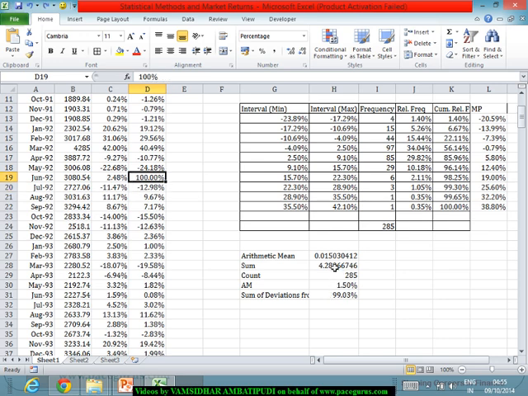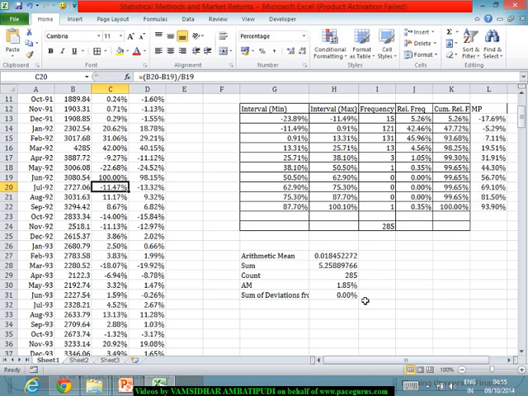I should not change the deviation, I should change the mean. So instead of 2.48, let's say it is 100%, which is the return in a particular year. What I could see is the arithmetic mean suddenly has gone from 1.5% to 1.85%. So that is a very serious problem.